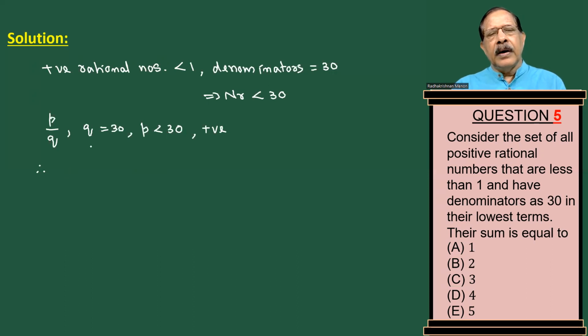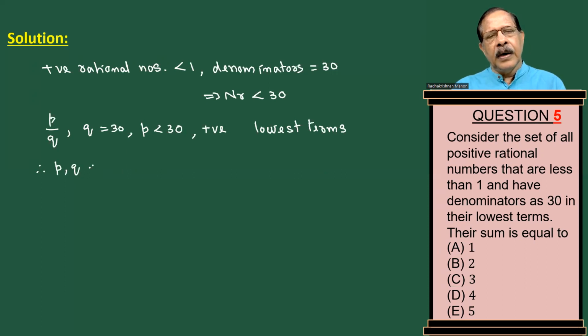Therefore, p and q must be co-prime numbers because it is in the lowest term. Lowest term means the common factor of p and q must be 1. So p and q are co-prime numbers.